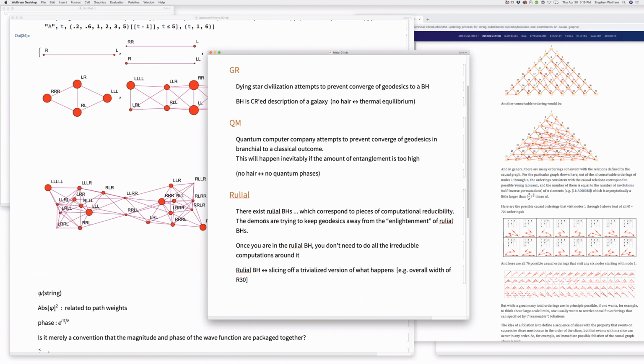In other words, what you care about is defined by the foliation. I think what's happening is demons are trying to prevent trivialization, in other words, they're trying to prevent that the only thing your foliation notices is a trivial feature of the universe.